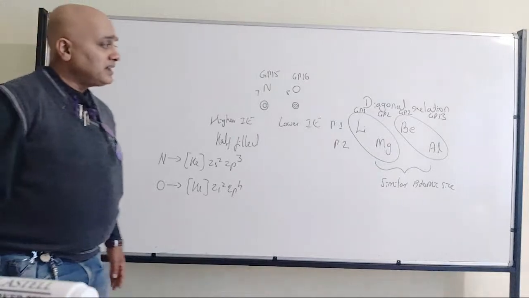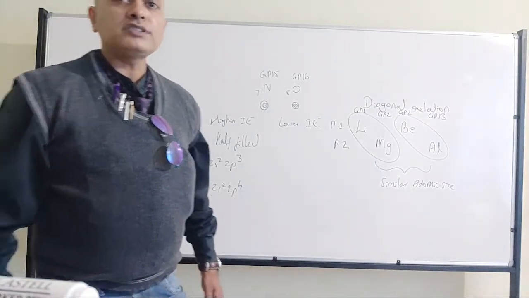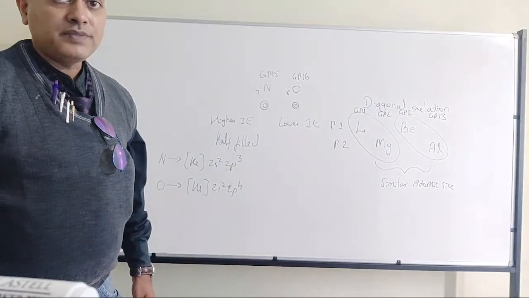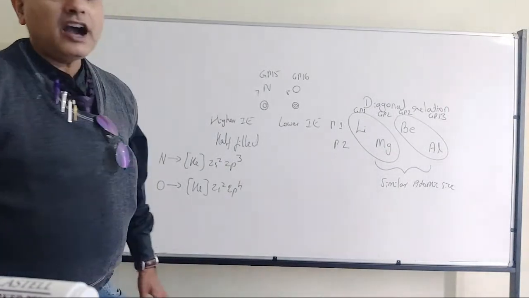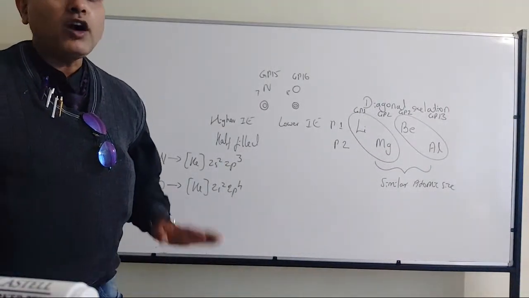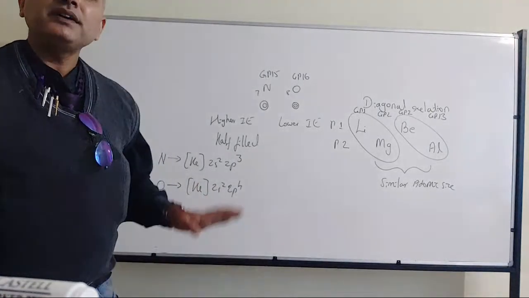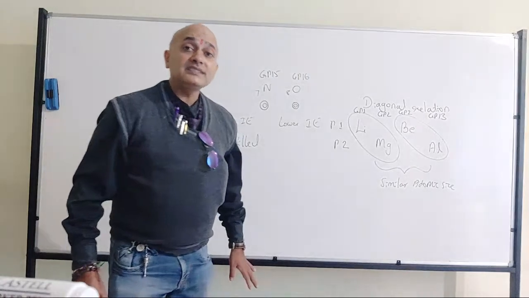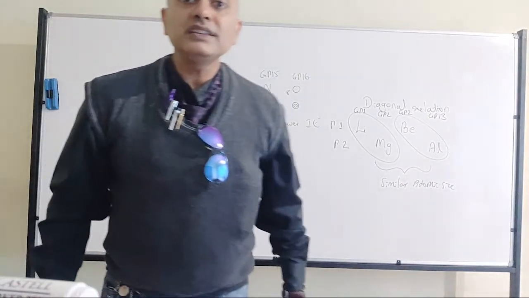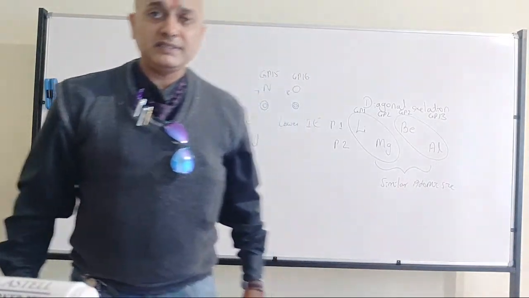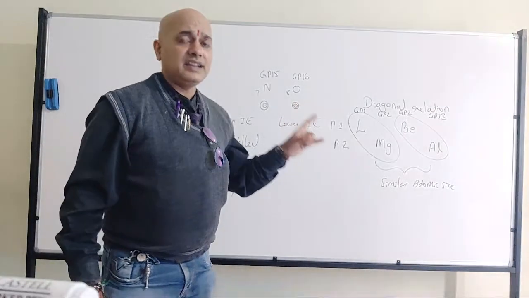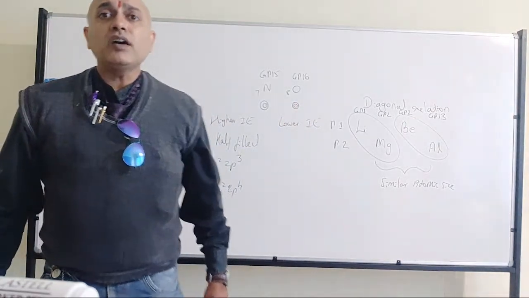So due to almost the same atomic size, lithium and magnesium will have it. Same way beryllium and aluminium will have it. Not all the properties will be the same, but many of the properties will be. So what is the reason? That is nothing but the similar atomic size. All of you have understood? That is nothing but a diagonal relation in the periodic table.